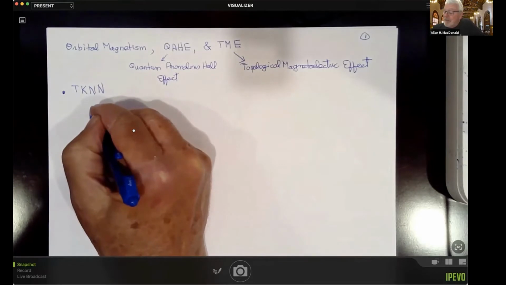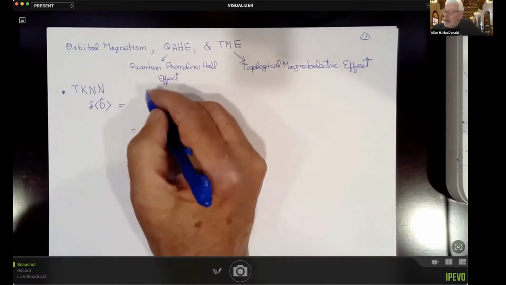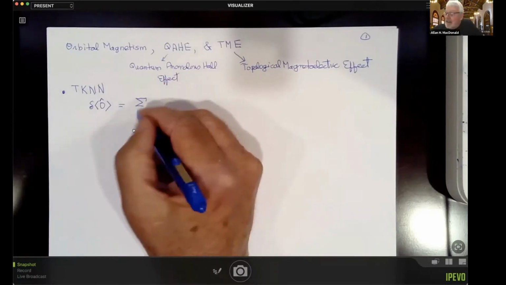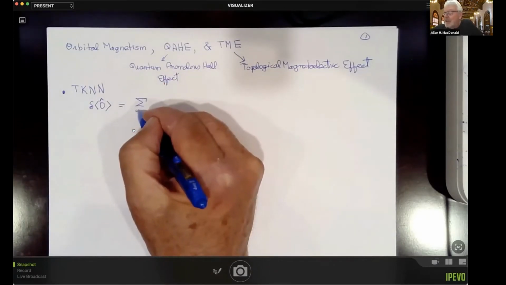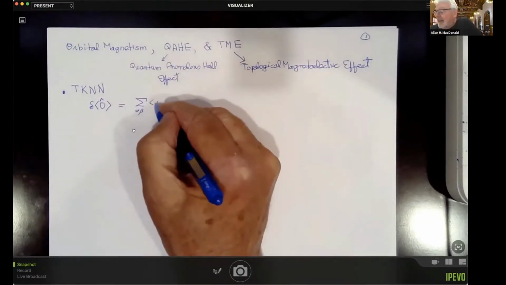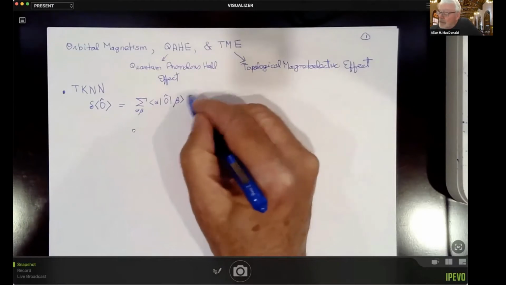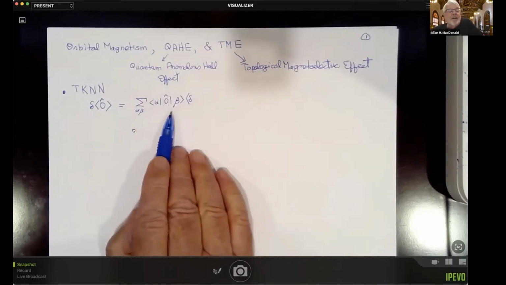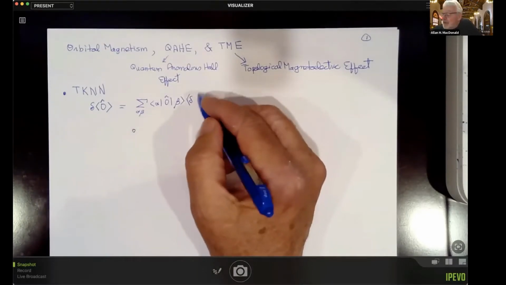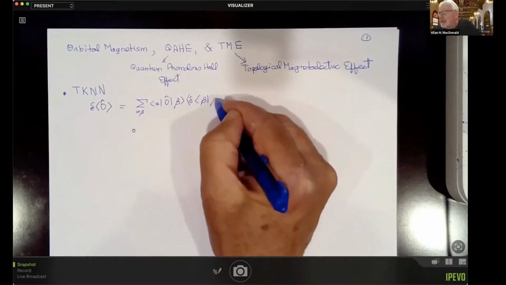And linear response for non-interacting electrons, we can write in terms of this handy summary of time-dependent perturbation theory: the change in the expectation value of some observable with matrix elements is proportional to the trace of the product of that observable and the change in the expectation value of the density matrix.